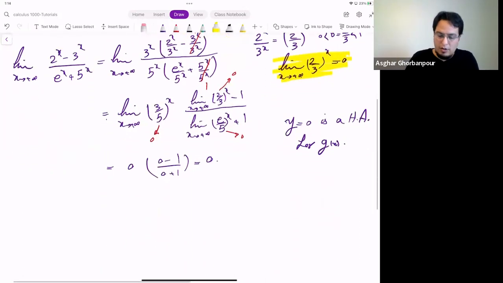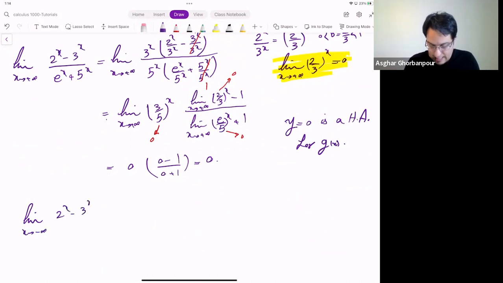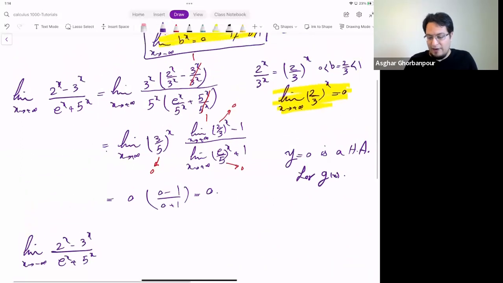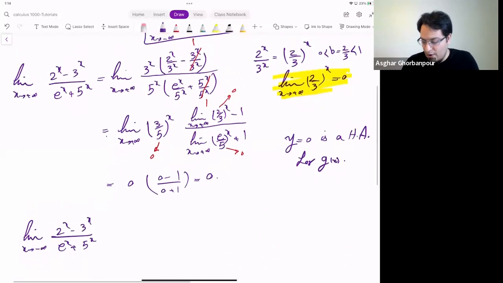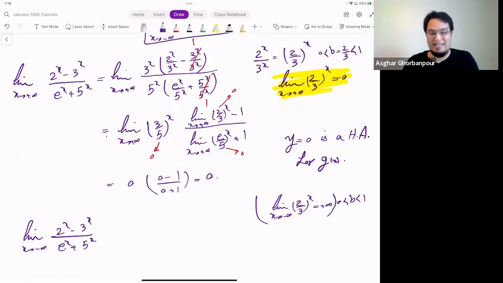Okay. So what about the limit of the function as x goes to negative infinity? If I do the same work, I will get something like this. But we know that if b is less than 1 and x goes to negative infinity, this is plus infinity. And it's not something that we can work with in this case.